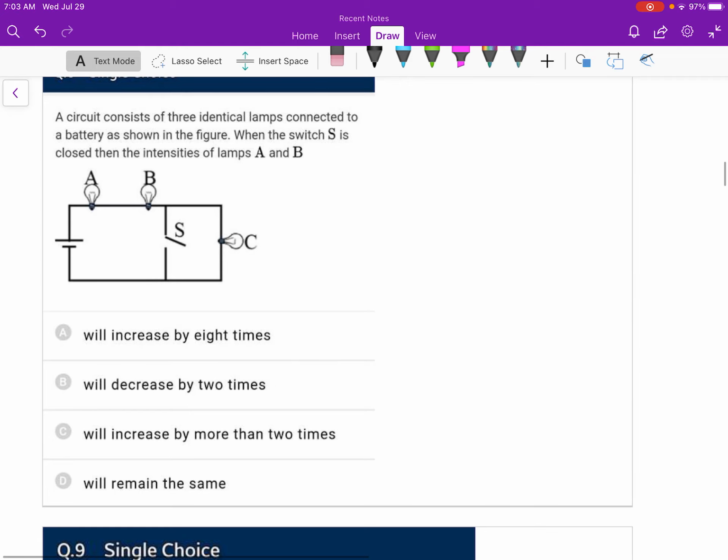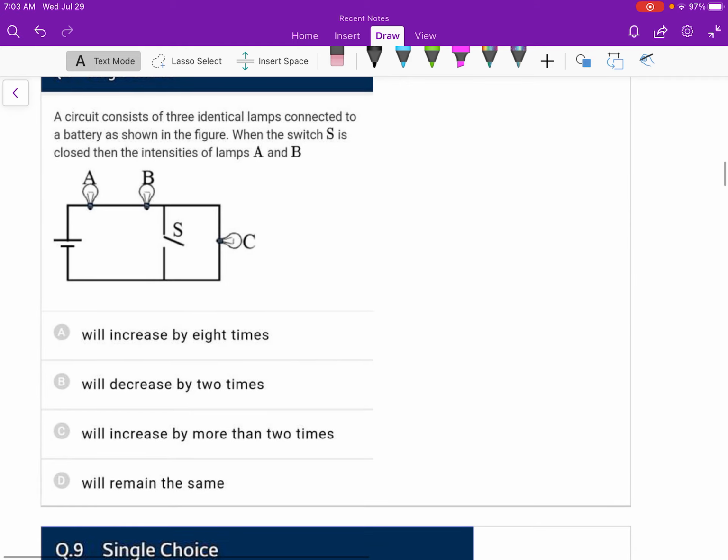A circuit consisting of three identical lamps. When the switch S is closed, the intensity of lamp A and B, we have to find out the exact ratio. Will it increase by more than 2 times, or by 2 times, or by 8 times. So initially, when the three bulbs are connected together in series, the potential drop across each bulb was V by 3. So power across one bulb is (V by 3) square upon R. Now when the switch S is closed, the bulb C gets short circuited.